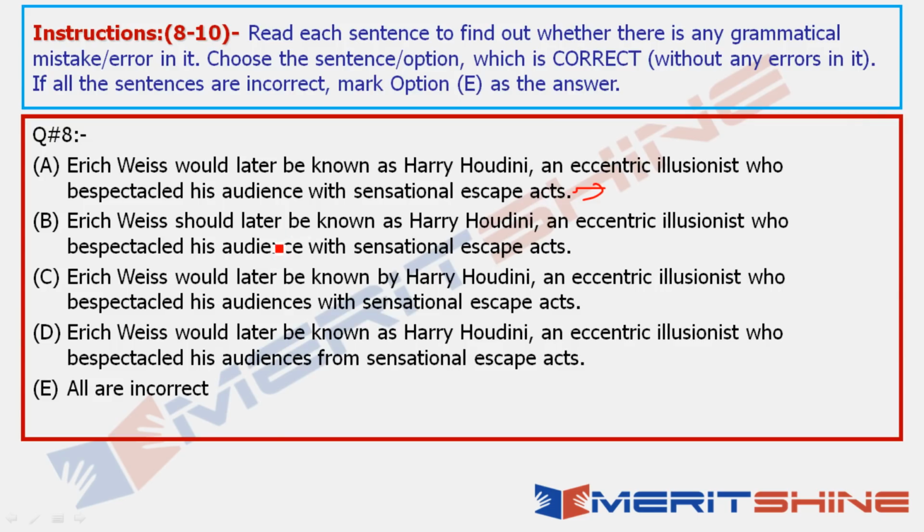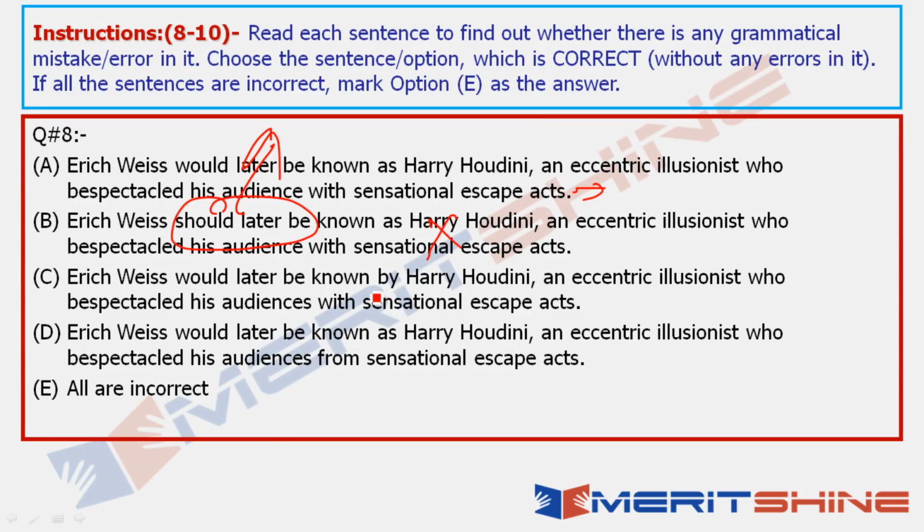So I'll move on and see whether some clear problems arise with the other sentences. Eric Weiss should later be known as, I mean, something which has already happened. You cannot say should later be known as. Should is a direction. So this doesn't make any sense. Eliminated. Eric Weiss would later be known by Harry Houdini.